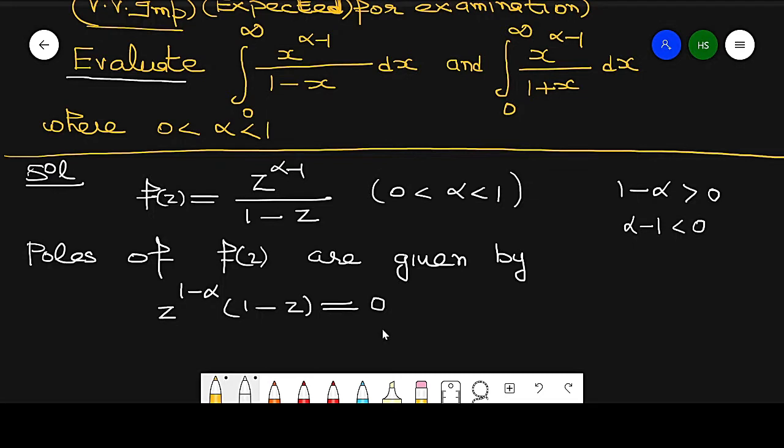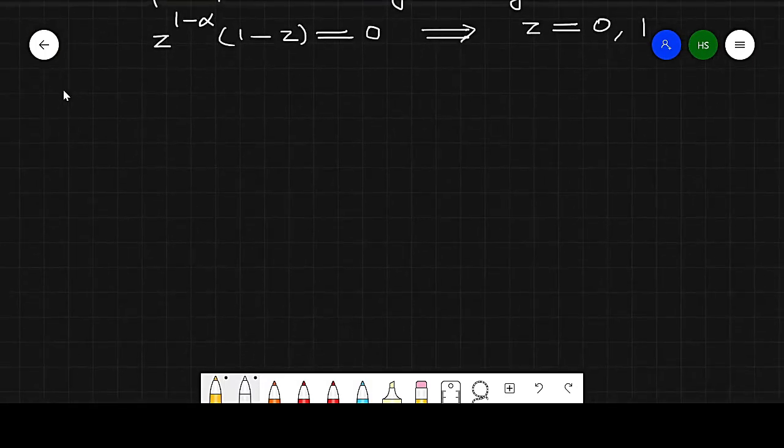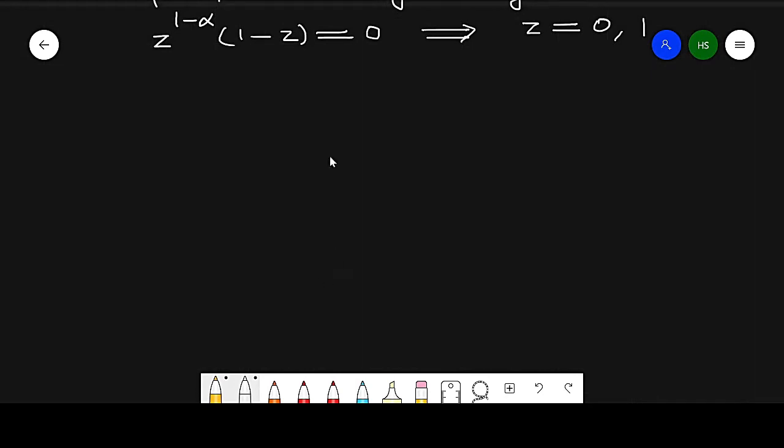So it means this is equal to 0, and it implies the value of z is 0 and 1. So these are two poles, one is the origin 0 and the second is 1. My aim is to remove these points. So for the given question we have two poles.